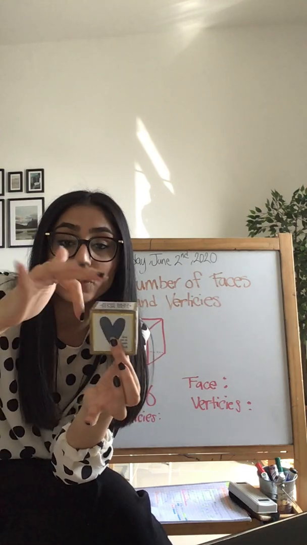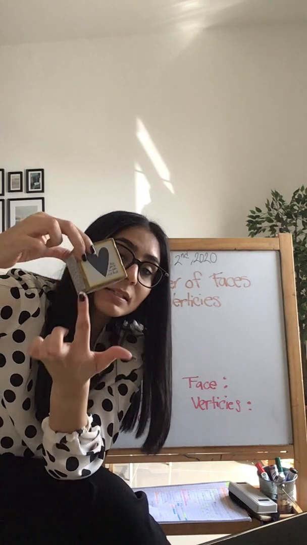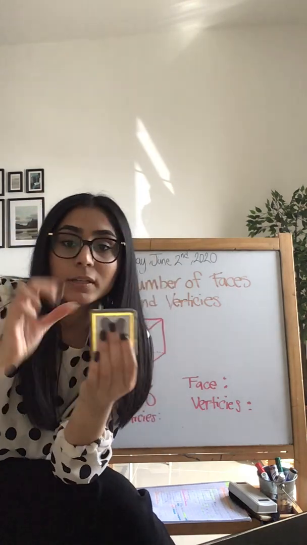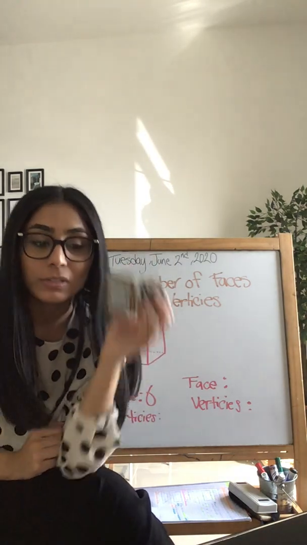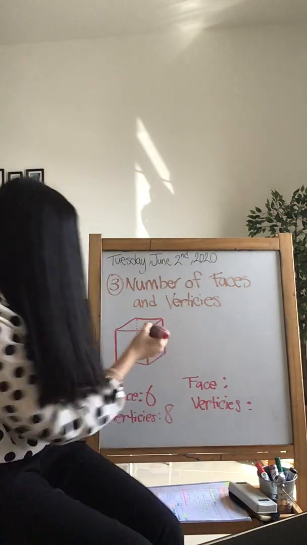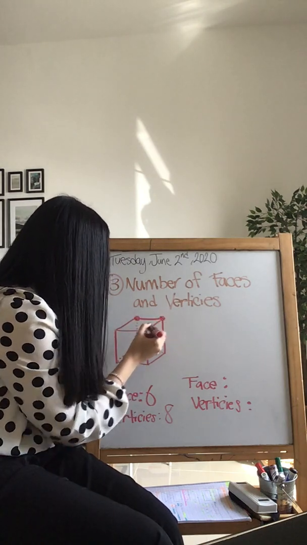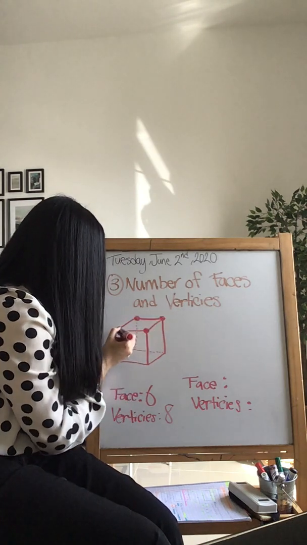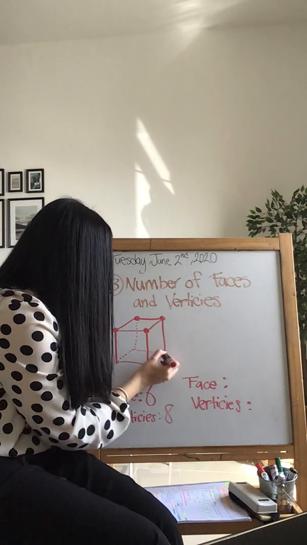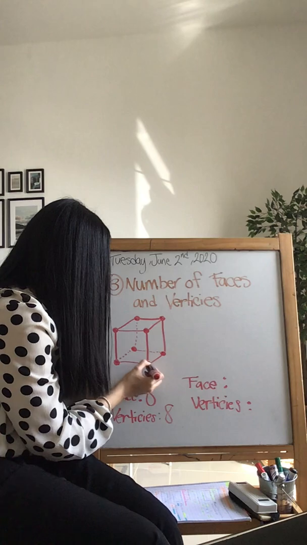That's 4 already on the top. So those 4 are already done. And then there's 5, 6, 7, 8 at the bottom. So there's 8 corners here, right? In a 3D shape. And I can show you here, there's 1, 2, 3, 4, 5, 6, 7, 8.